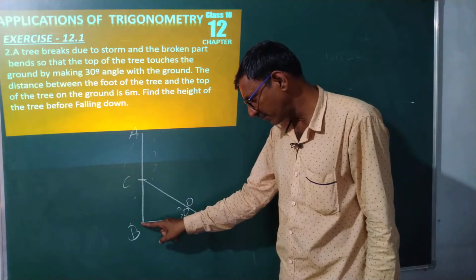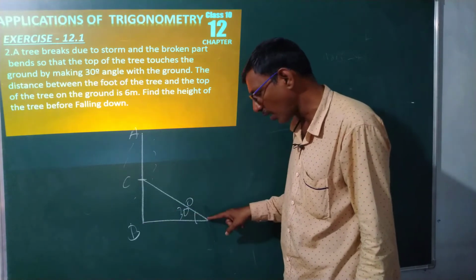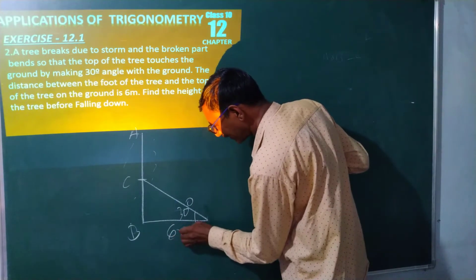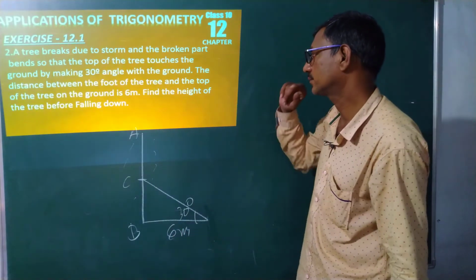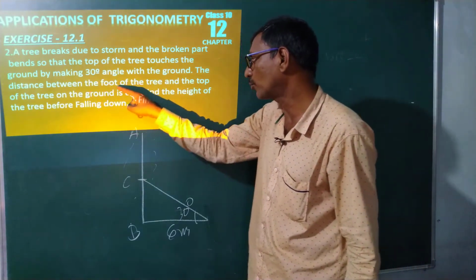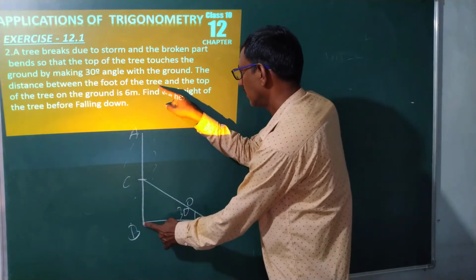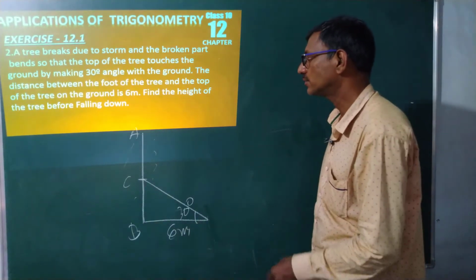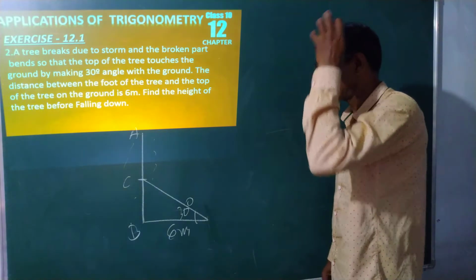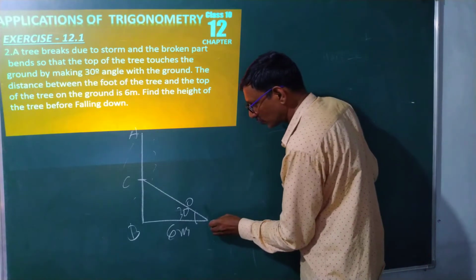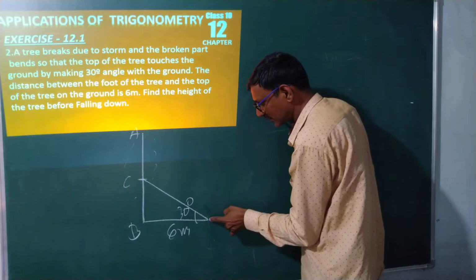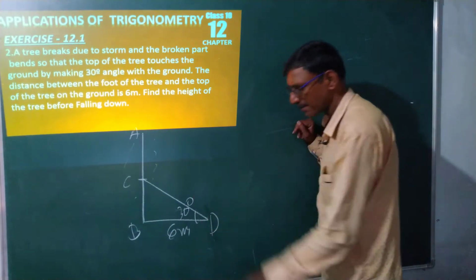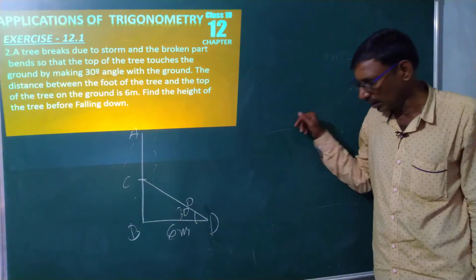The distance between the foot of the tree and the top of the tree on the ground is 6 meters. So when it touches the ground, we give it a name. Say this is D.